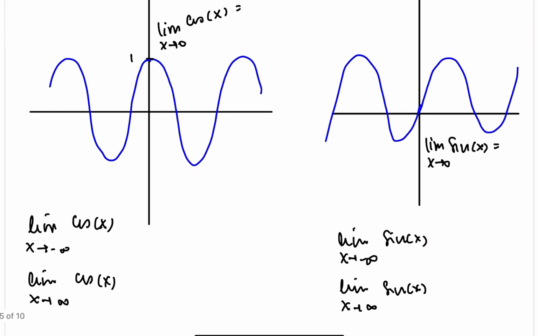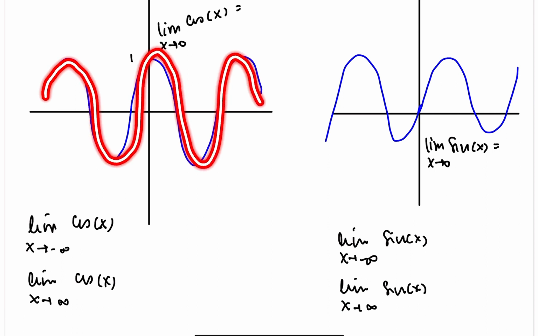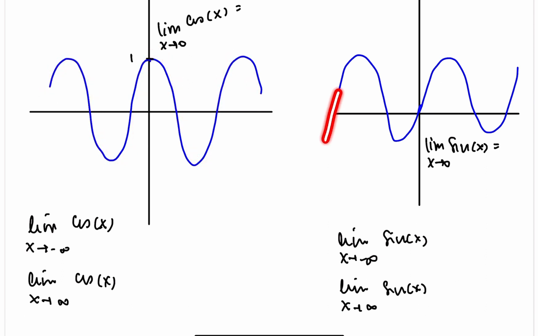However, at infinity, we see that it's always bouncing between negative 1, 1, and everything in between, but it's not a single number. So at infinity and negative infinity, the limit of both cosine and sine does not exist.